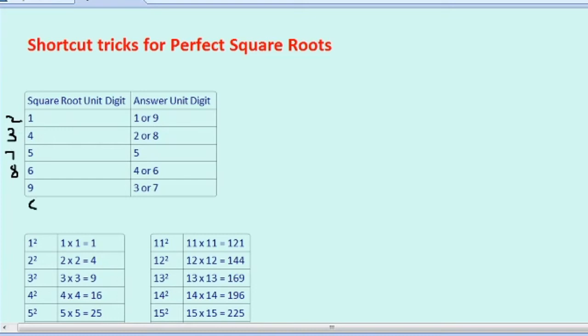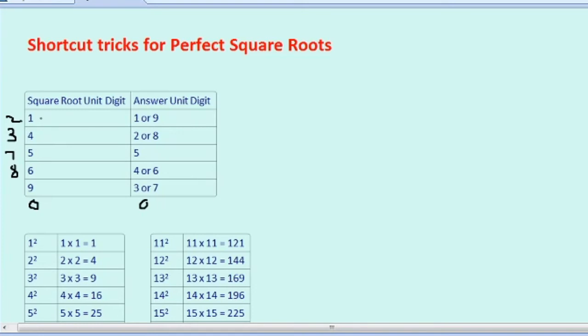If the unit digit is 0, then the answer's unit digit will also be 0. Okay, so if the unit digit of a number is 2, 3, 7, 8, then it is a non-perfect square.